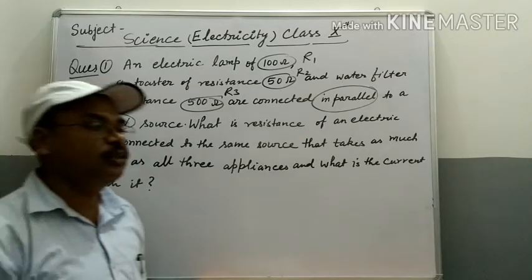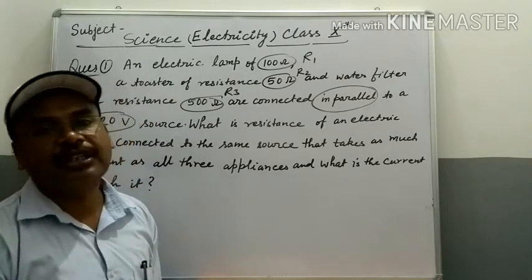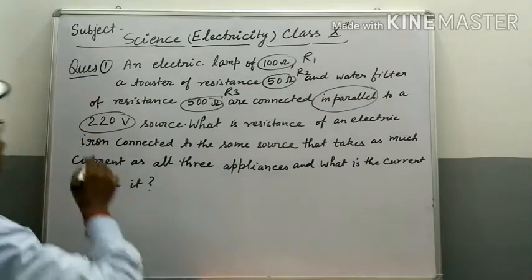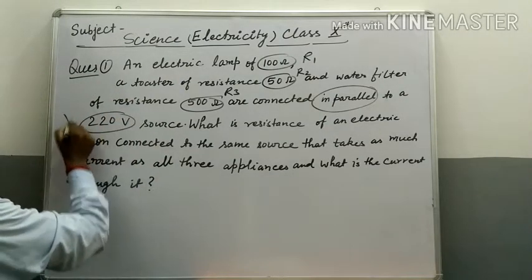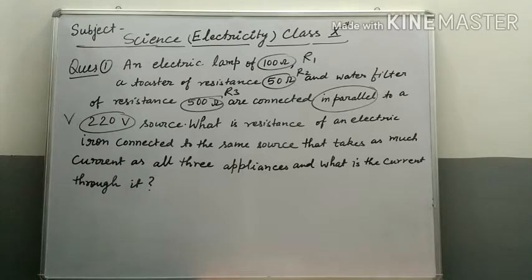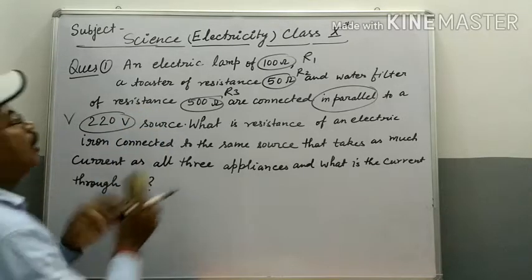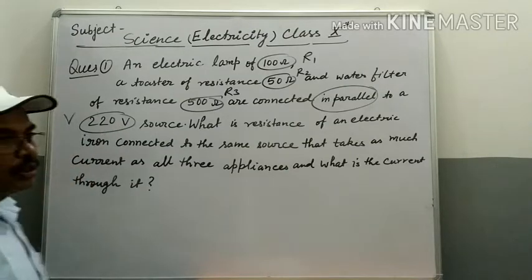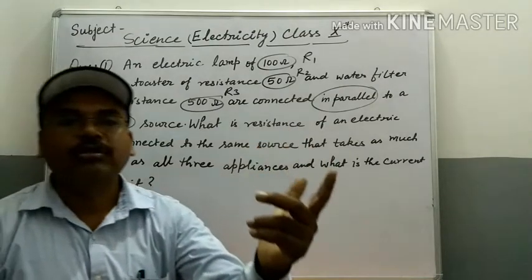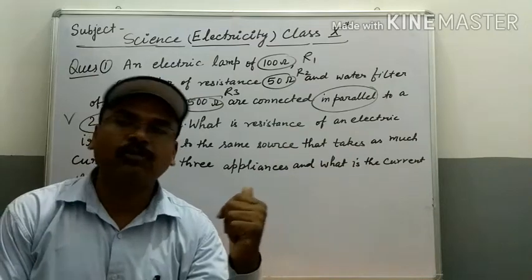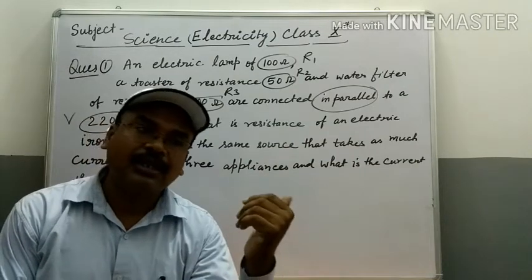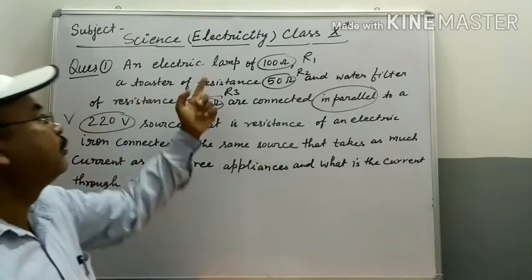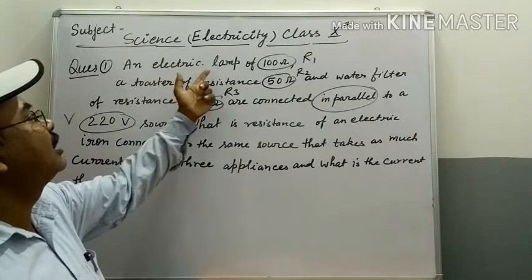You have to notice, students, in parallel connection voltage is same, and that's V, voltage V is given. Definitely students, when R is given and V is given, then we have to find out with the help of formula V equal to IR current in different instruments, appliances like lamp.